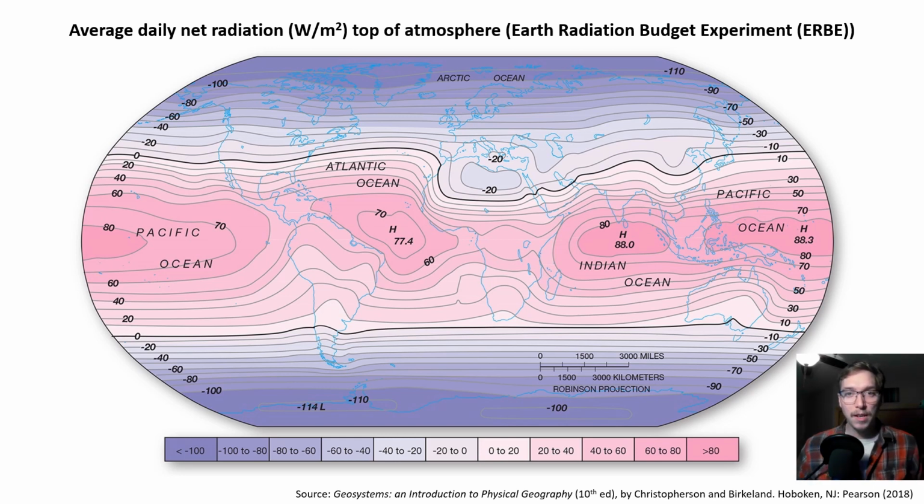But you see that flip to negative values. Near the Antarctic, all the way down to the bottom, negative 114 are lost, versus up top we see negative 110 lost near the Arctic. It's not perfect.